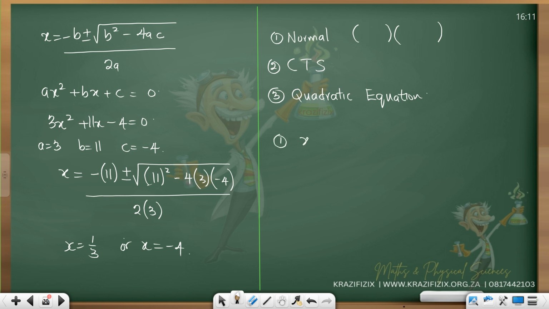Number 1, equals to 0. Squared equals to 0. Number 3.